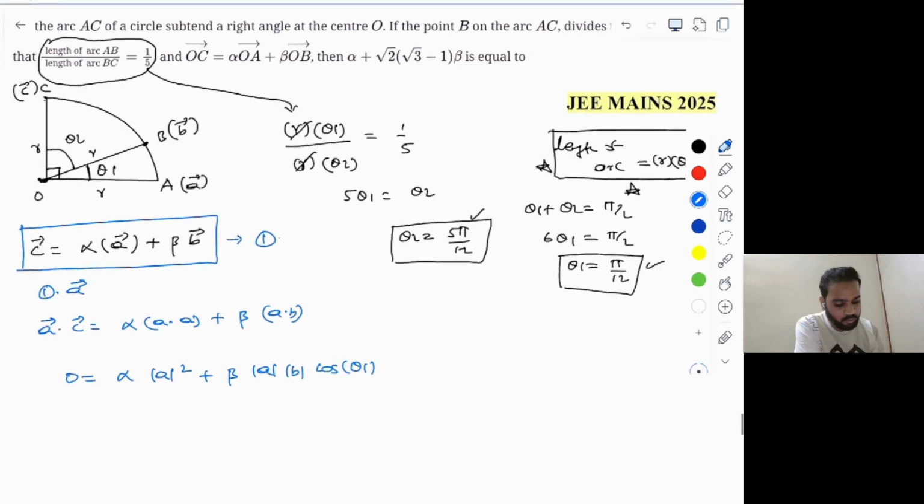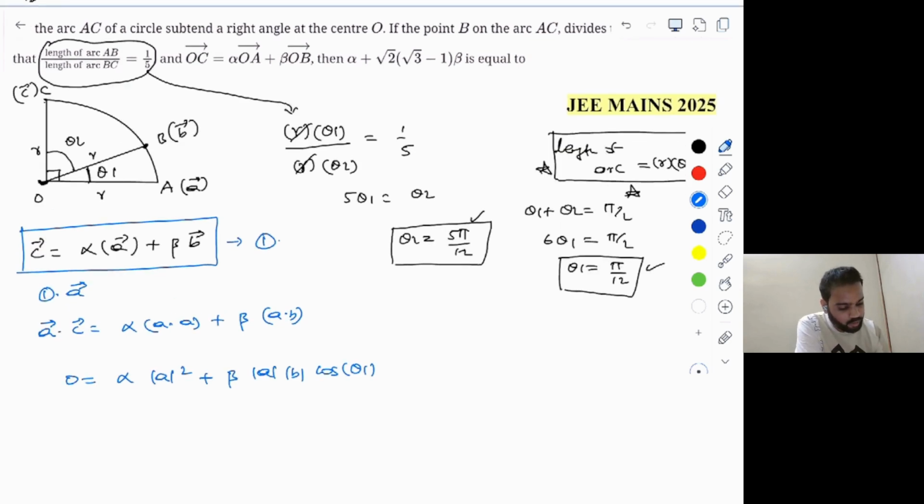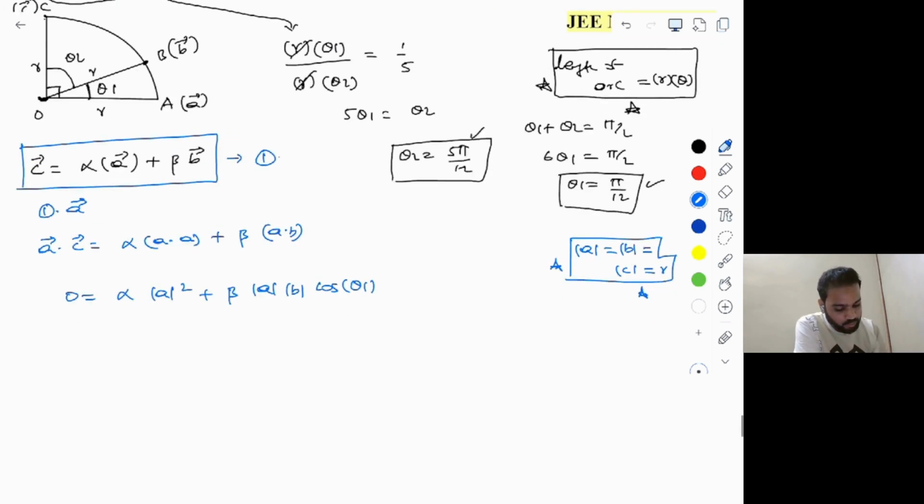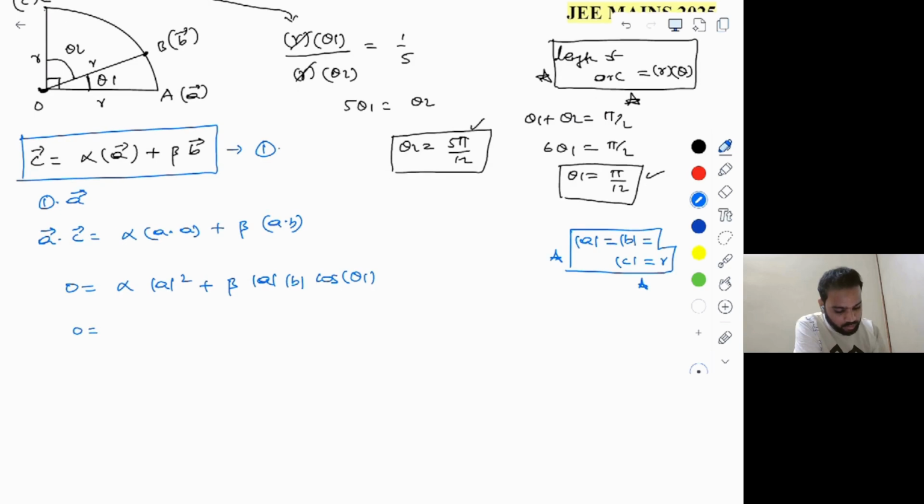But moreover, in this diagram, if you observe, can I say that directly mod A is equal to mod B, and that is also equal to mod C? All of these are equal to the radius, because the distance between the origin and all the points A, B, C is the radius, right? So I'll keep that in mind. So clearly, 0 is equal to alpha into r square plus beta into r square multiplied by cos of theta 1.